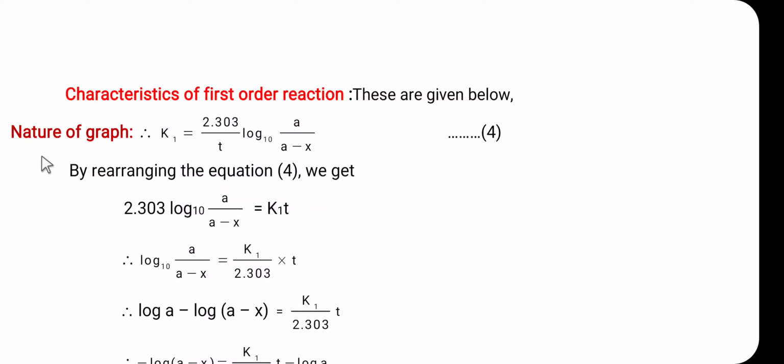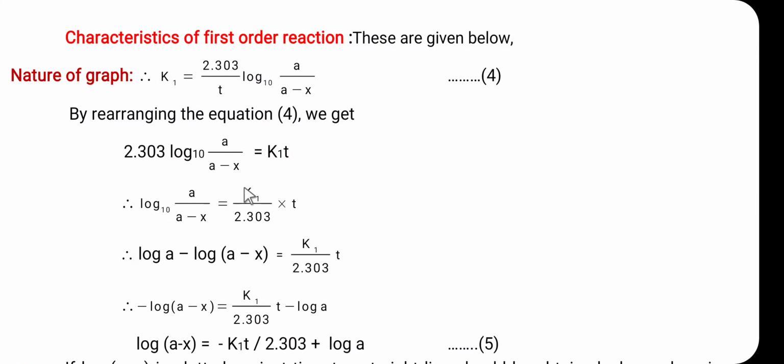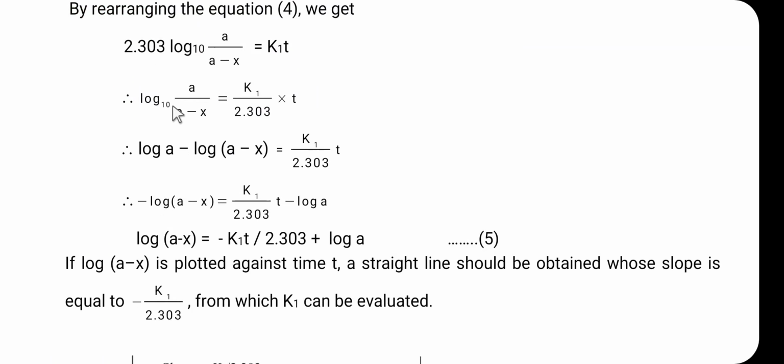The first characteristic feature is the nature of the graph. The expression for the velocity constant for the first order reaction is k1 is equal to 2.303 divided by t log of a upon a minus x. This equation can be rearranged: 2.303 log of a upon a minus x is equal to k1 into t. Then log of a upon a minus x is equal to k1 upon 2.303 into t.